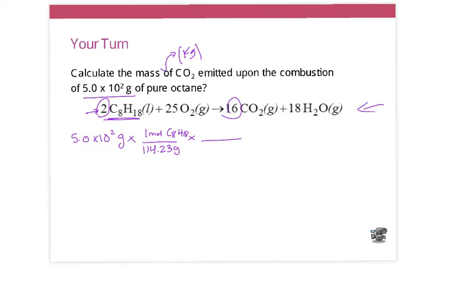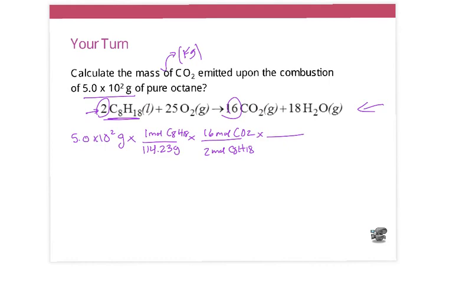Okay. Now that we have moles of octane, we can use the coefficients here to see how much carbon dioxide we're getting from that. So for every 2 moles of C8H18, or octane, we get 16 moles of carbon dioxide. All right. Now we have moles of carbon dioxide, but we want it in kilograms.